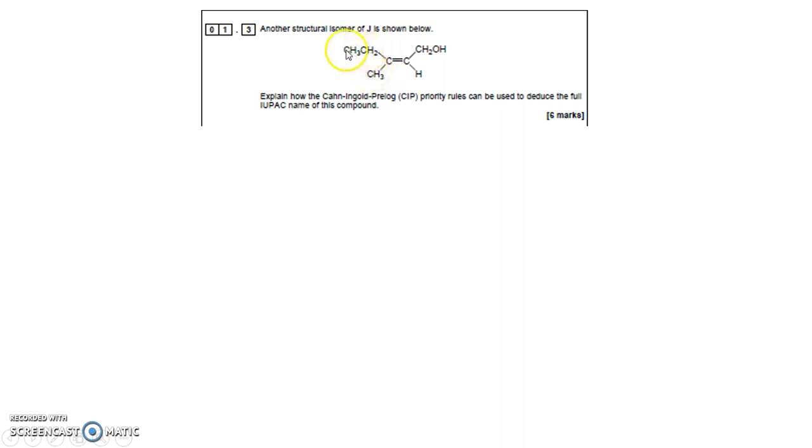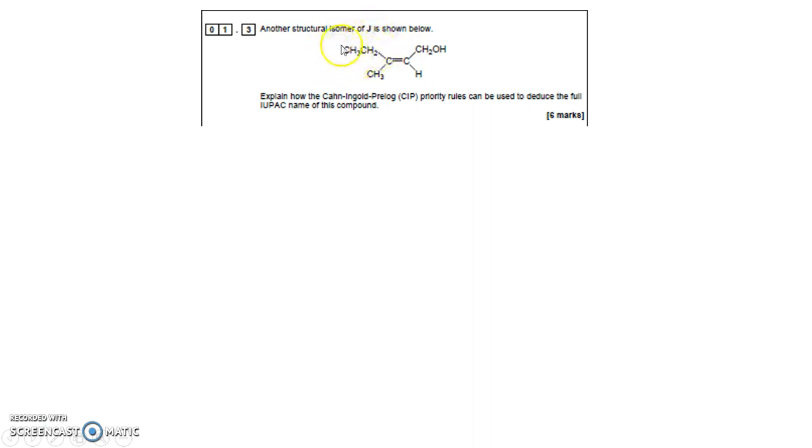Well, this carbon is joined to another carbon. This carbon is just joined to H's. So those 2 have got the same atom joined to this carbon, a carbon and a carbon, but when I go further along the bond, this carbon is joined to H's with a lower atomic mass than this carbon joined to a C, which has got a higher atomic mass.